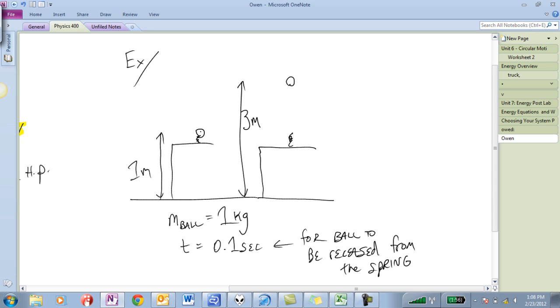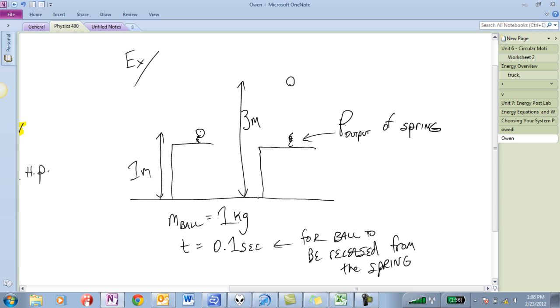And of course, one of the questions that I can ask is, what is the power output of the spring while it is releasing off of there?